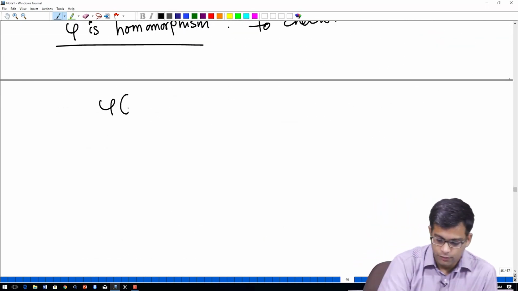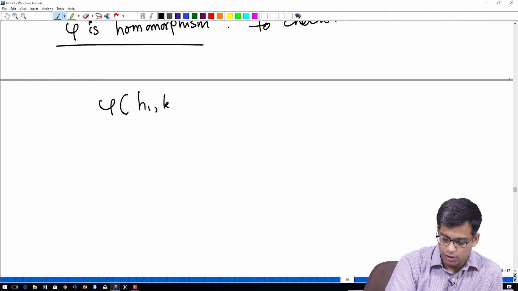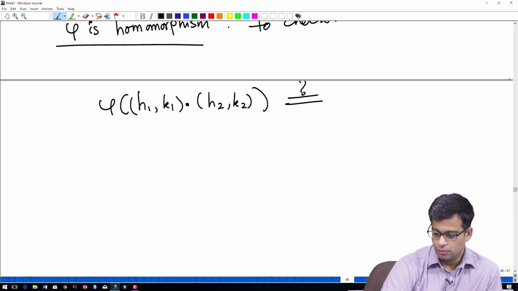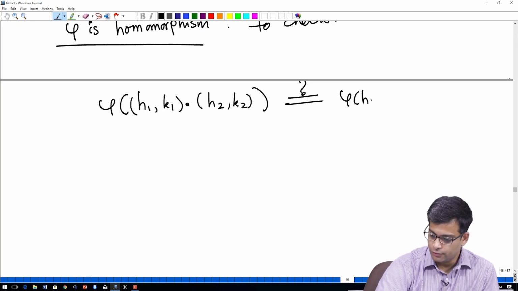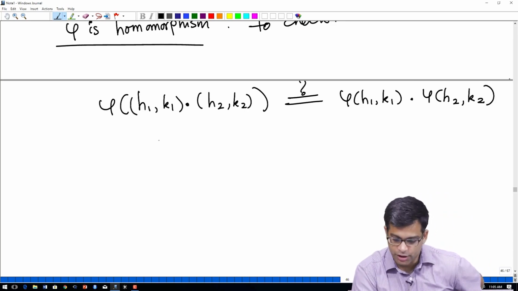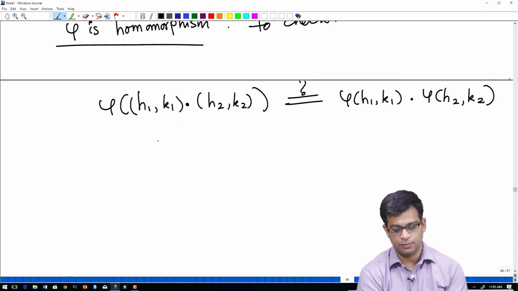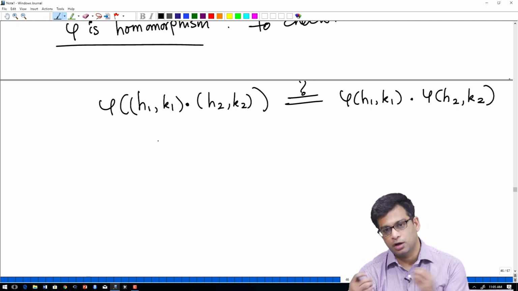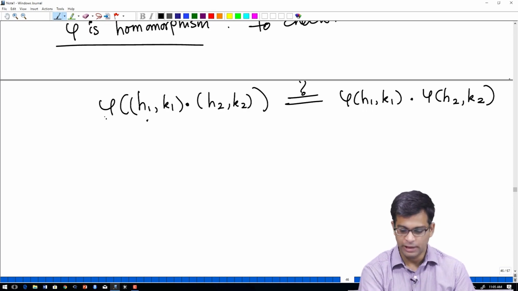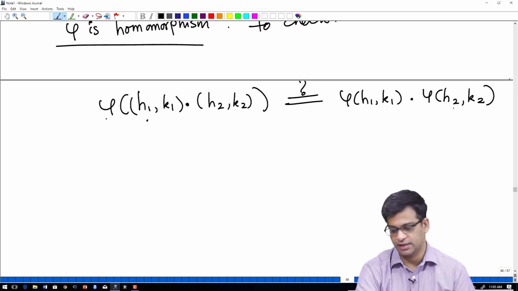We need to check that phi of h1 k1 times h2 k2 is equal to phi of h1 k1 times phi of h2 k2. In order for something to be a homomorphism, you multiply in the left hand side group and apply the map, or you apply the map and then multiply, and you get the same answer. Multiply first, apply phi, or apply phi first and then multiply.